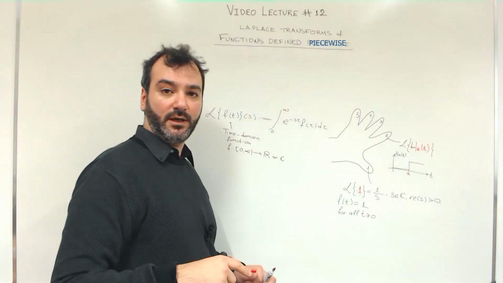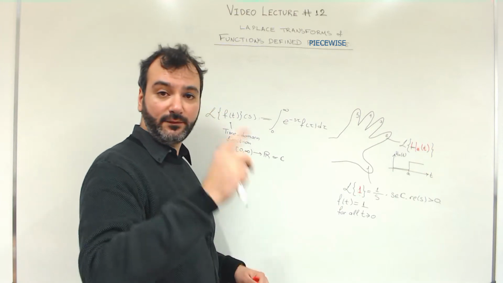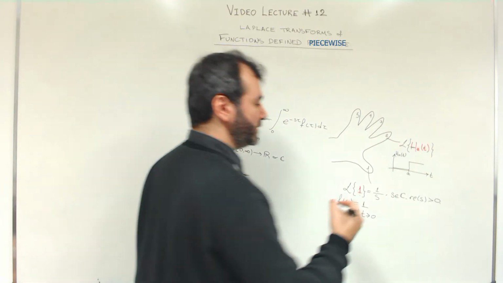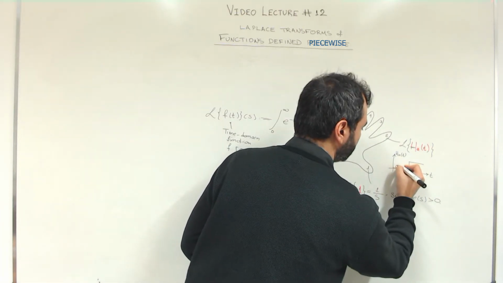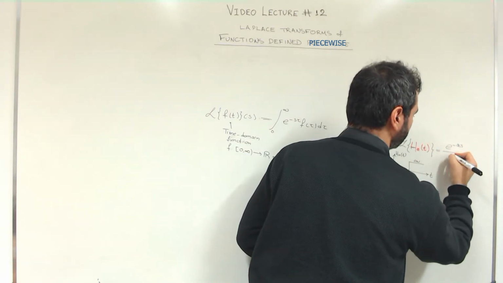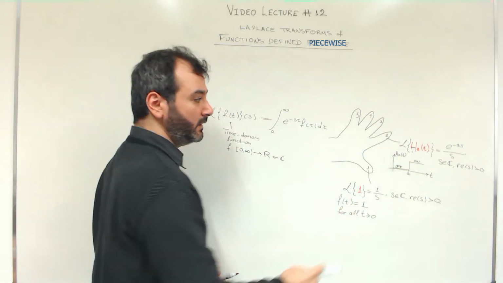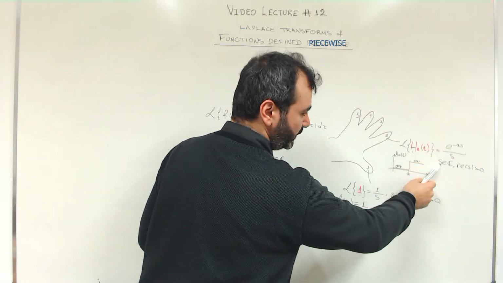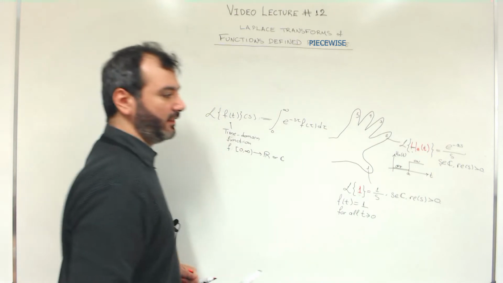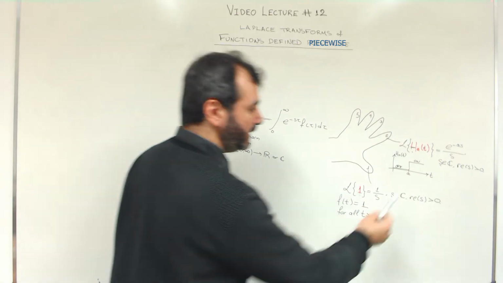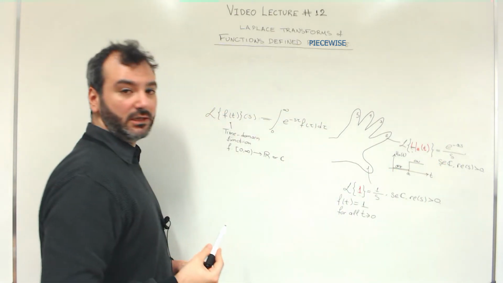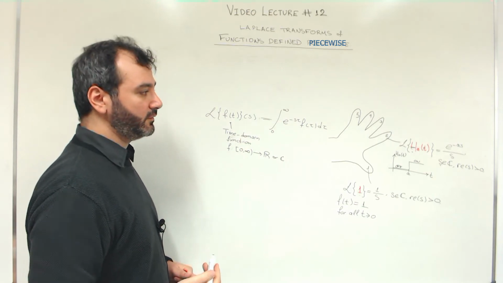It's like a switch that at a time a, it flips from the off position to the on position. And we found that the Laplace transform is a function of the complex variable s, with the real part of s being positive again, and the Laplace transform is exponential minus as over s.